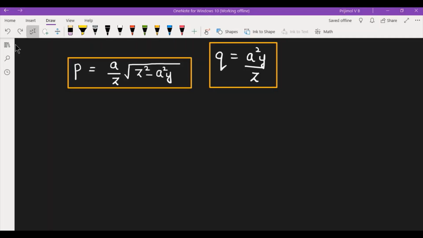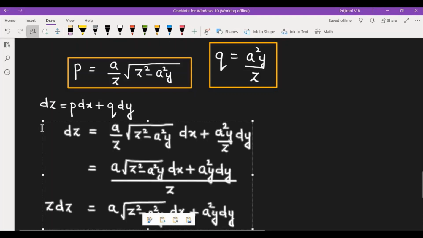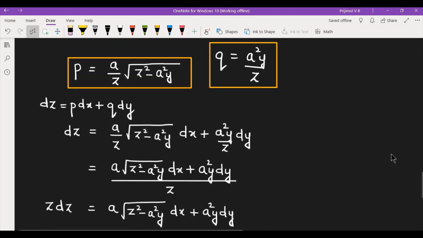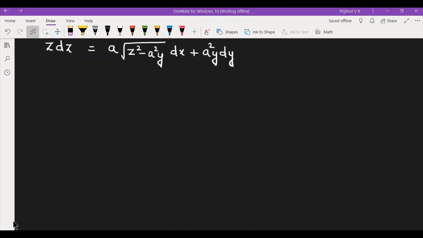Substituting p and q in the relation, we get, from this relation, we are going to separate the variables and then integrate so that we get our answer as z in terms of x and y.